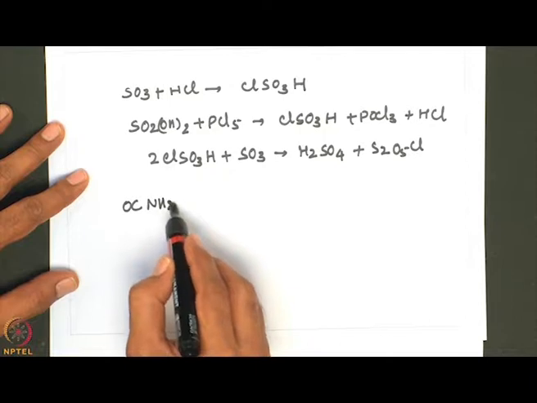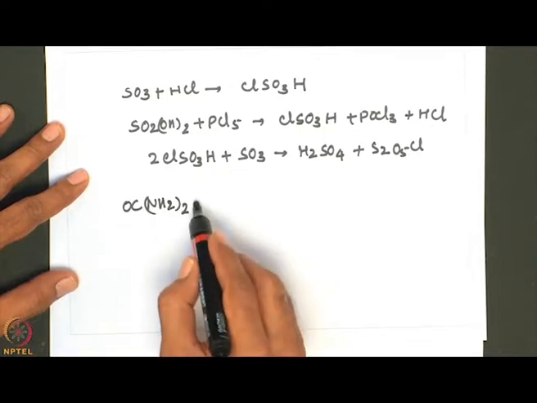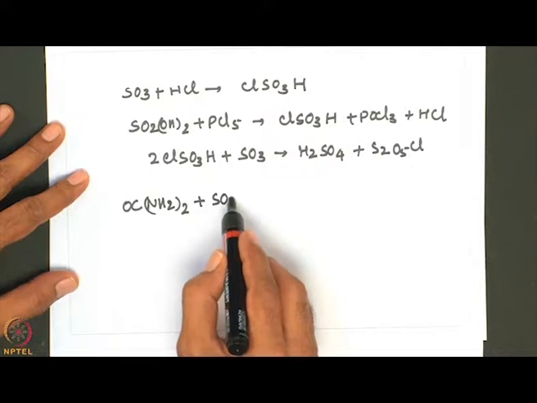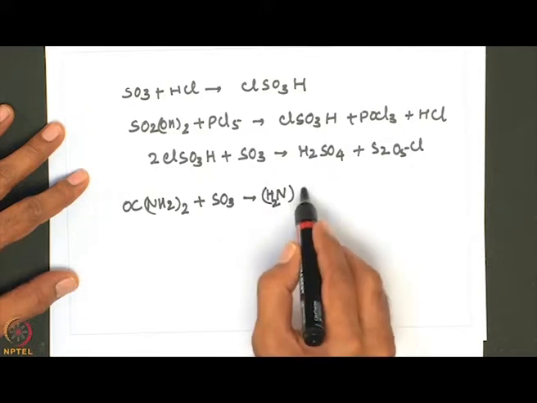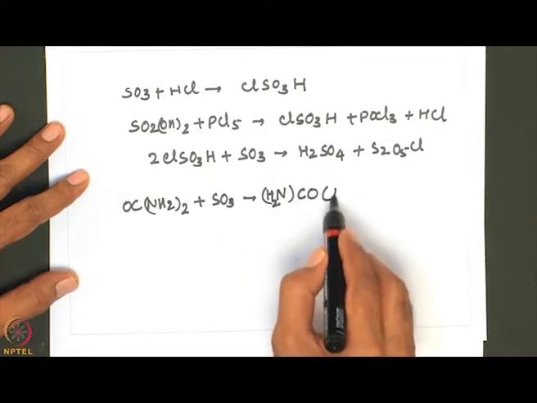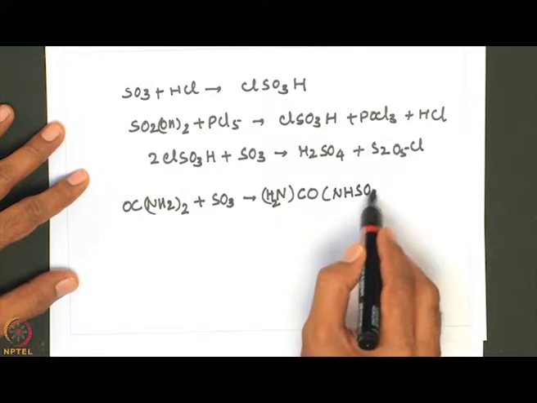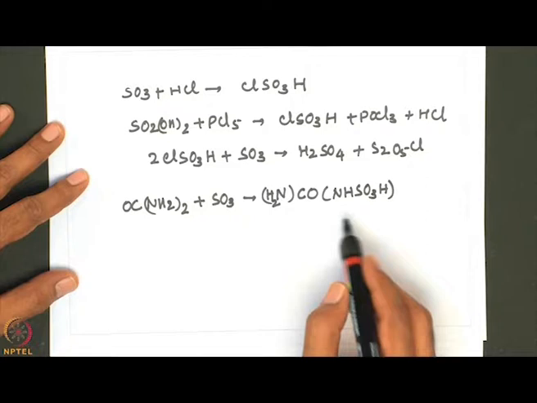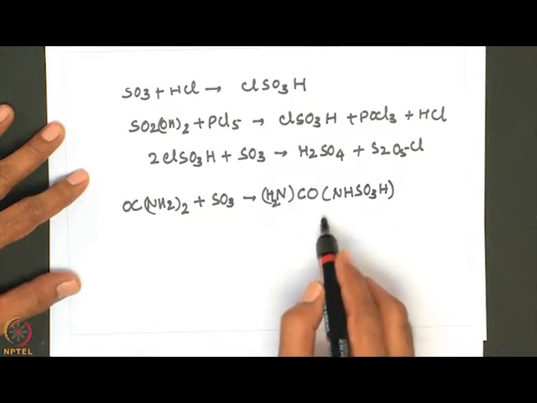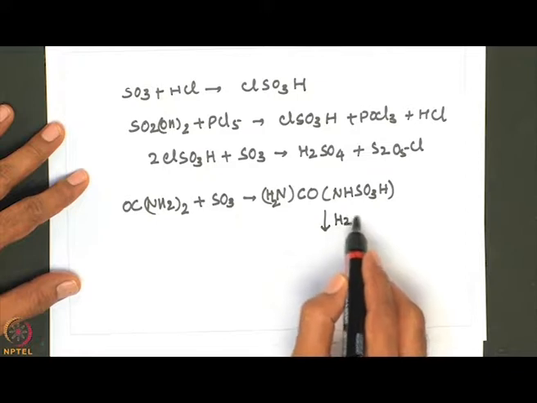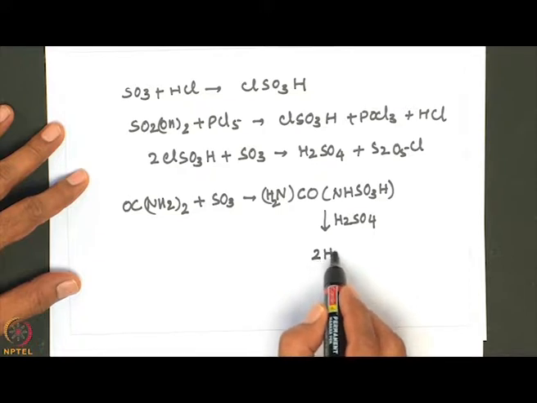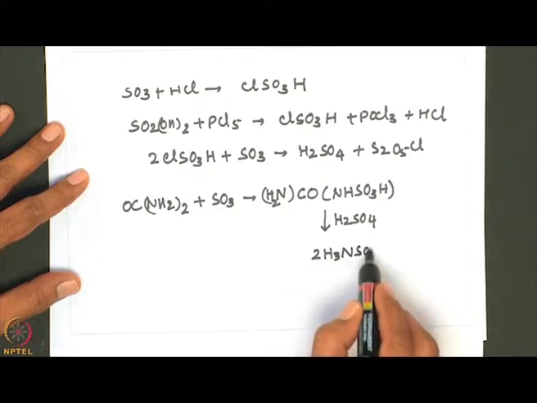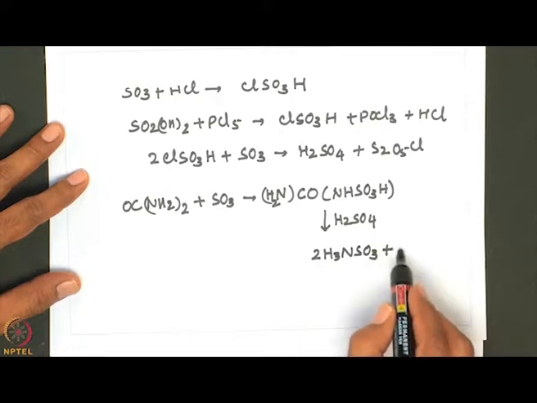For example, this is urea NH2CONH2. This is first treated with SO3, to give NH2CONHSO3H, and this one on further treatment with H2SO4 forms 2 H3NSO3 plus CO2.